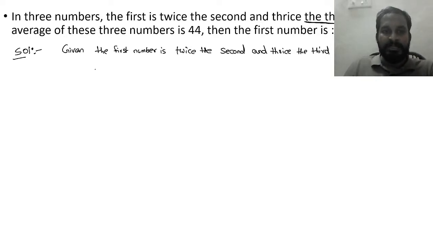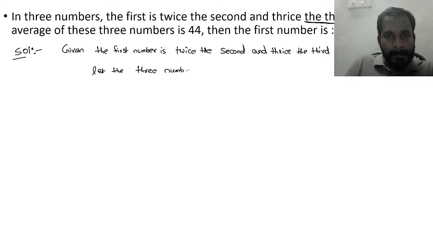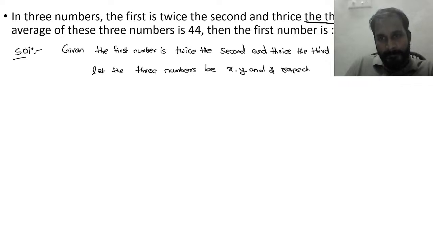We will let the three numbers be x, y and z respectively. I am using the word respectively here because the first number is x, the second number is y and the third number is z. Let the three numbers be x, y and z respectively.